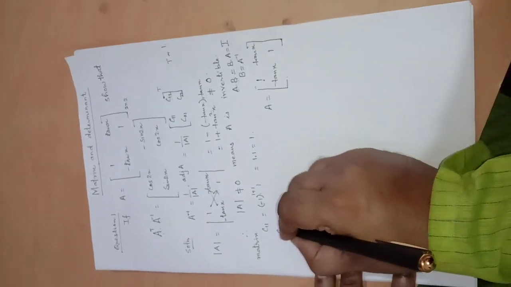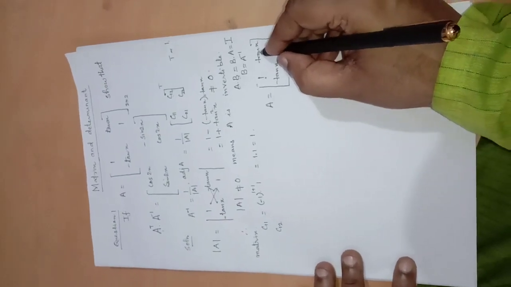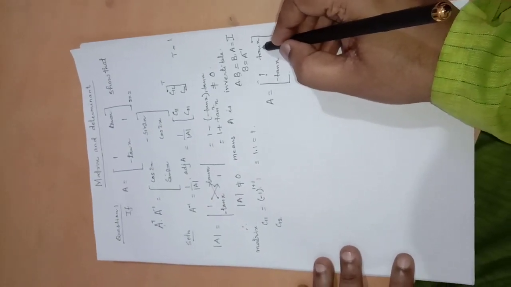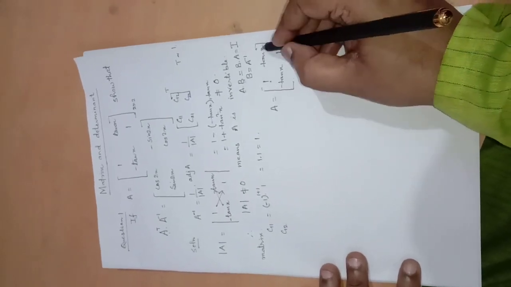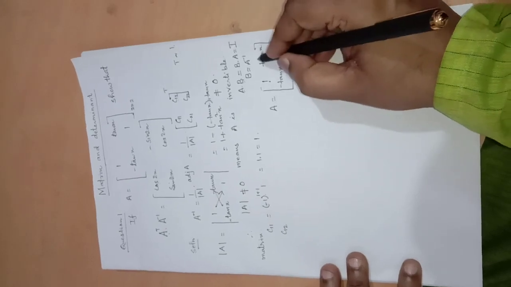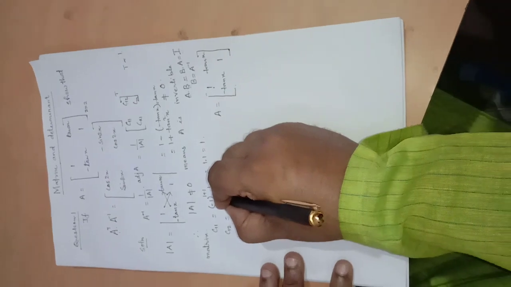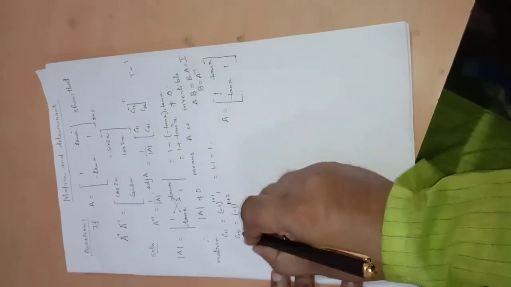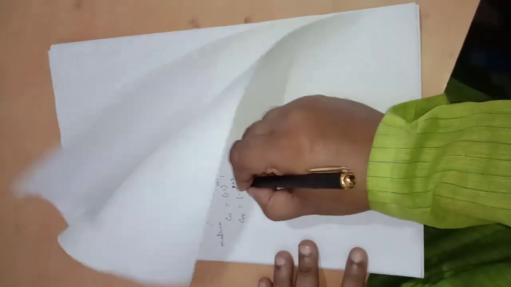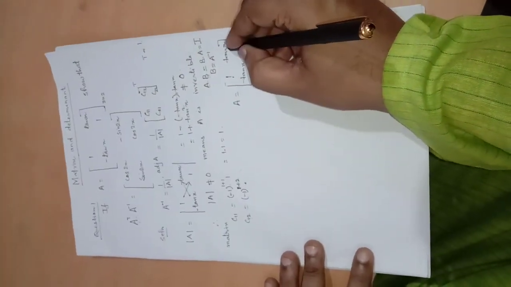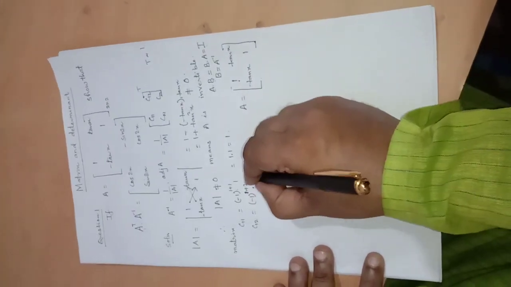Now C12 means we are going to find the cofactor of the element which is in the first row and second column, which is tan x. So it is equal to minus 1 to the power 1 plus 2, and we remove the row and column of tan x, leaving minus tan x.